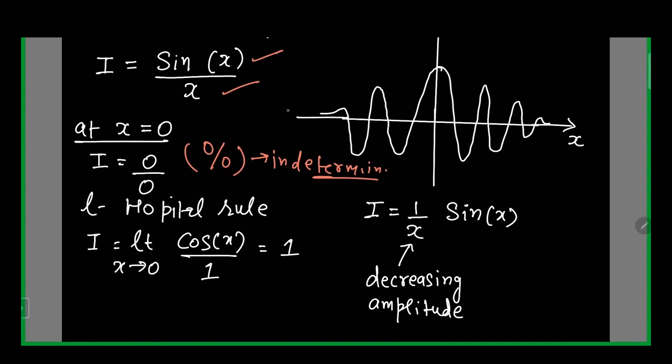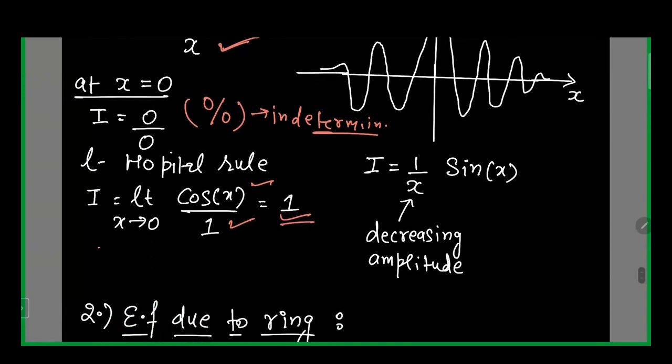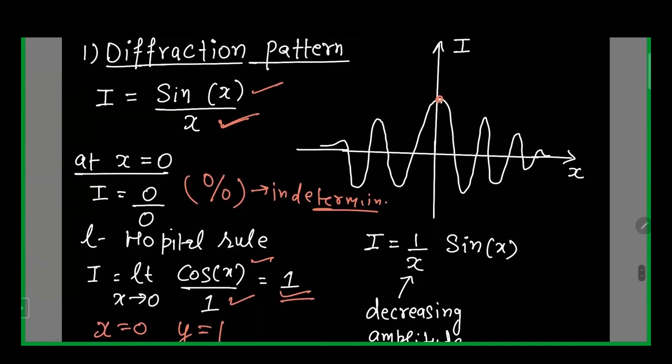If I differentiate the numerator, I get cos x, and if I differentiate the denominator, I get 1. So in the numerator I have cos x, and in the denominator I have 1. Now put the value of x as 0. So cos 0 is 1. So I got the value as 1. So at x equals 0, my function is 1.